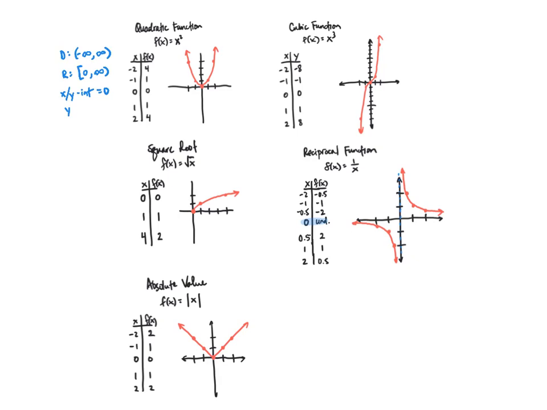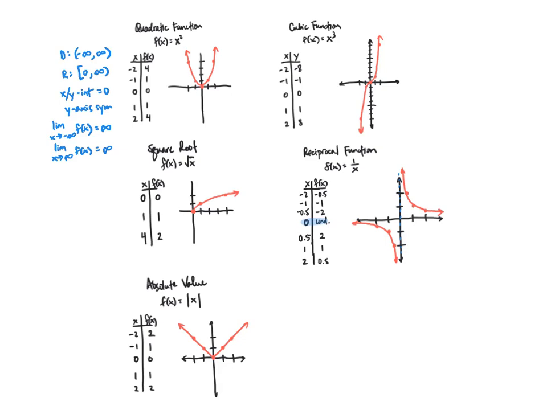It has y-axis symmetry. And as far as the end behavior goes, the limit as x goes to -infinity of the function is positive infinity, and the limit as x goes to positive infinity of the function is also positive infinity, because both sides go up.